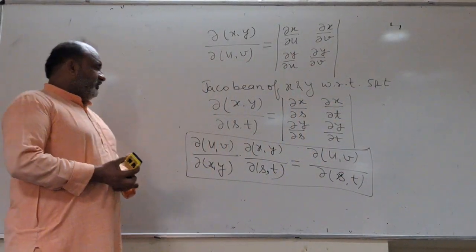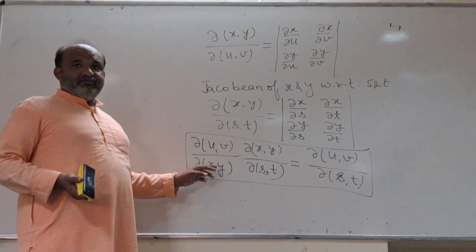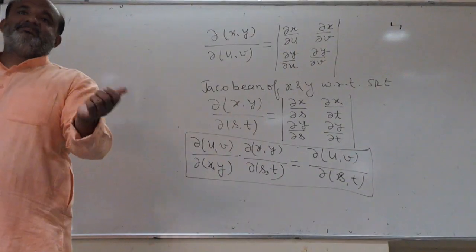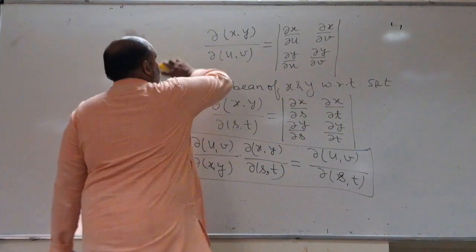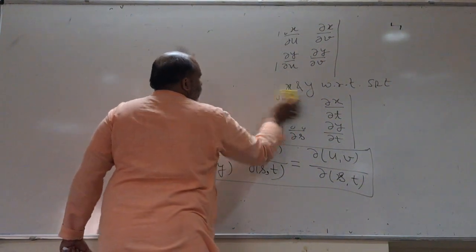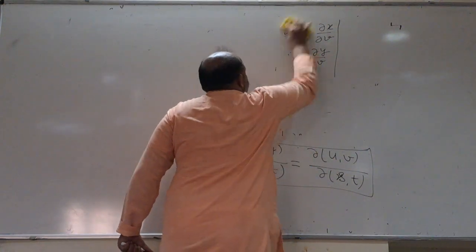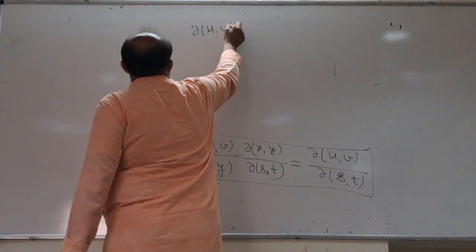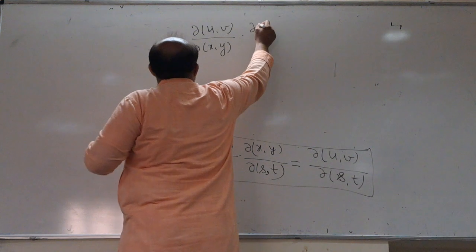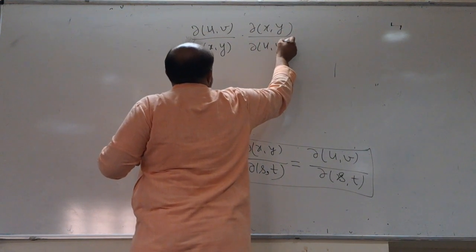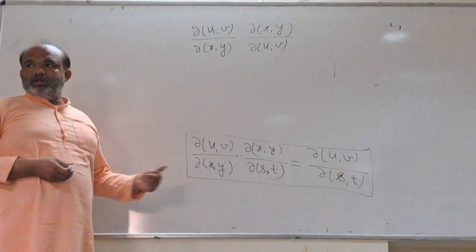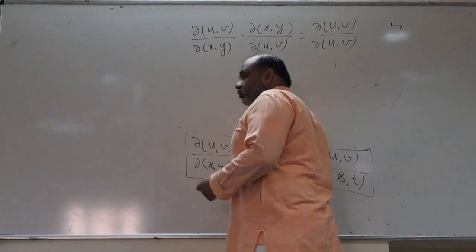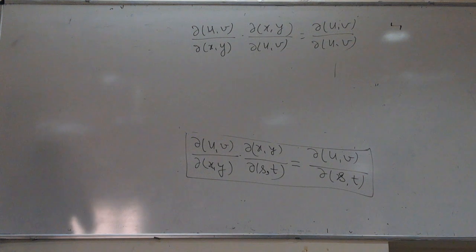Using this rule, if I multiply the Jacobian of uv with respect to xy and then Jacobian of xy with respect to u and v, the result will be Jacobian of uv with respect to uv. The Jacobian of the same variables u and v with respect to the same variables u and v.